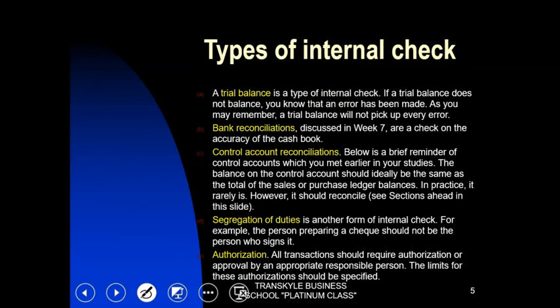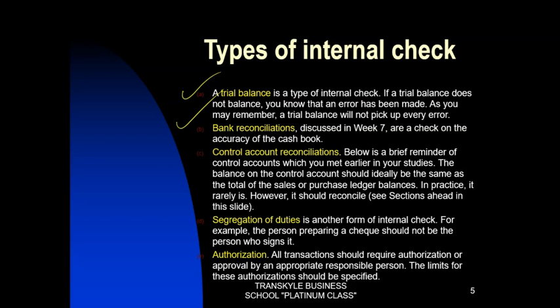Now, there are various types of internal checks. In our previous studies so far, we have touched on the first two. If you still remember, we talked about the trial balance, where we say that the trial balance usually helps us to determine if the debit and the credit agree.